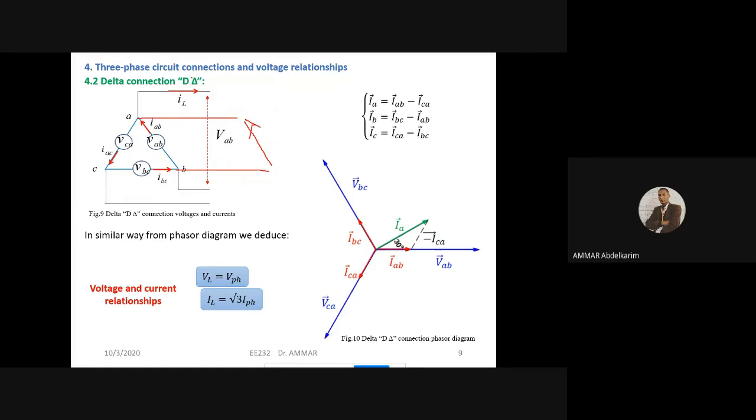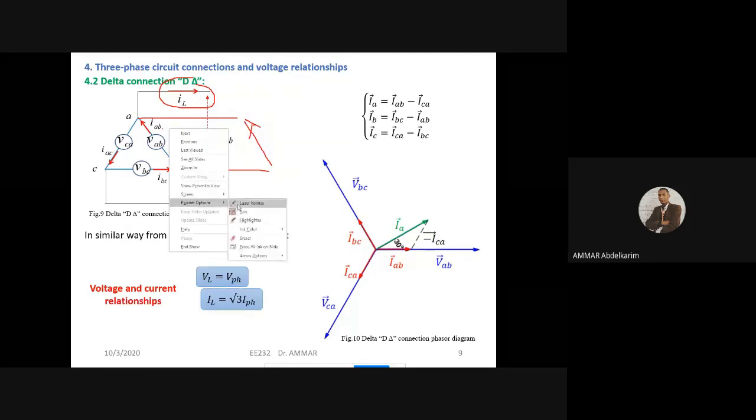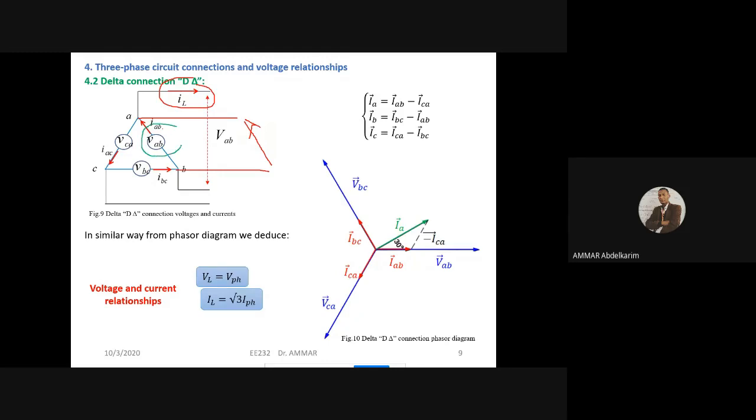We have this current in the line, and we have another current in the phase. What is the phase current? It is the current of each one of these, IAB.